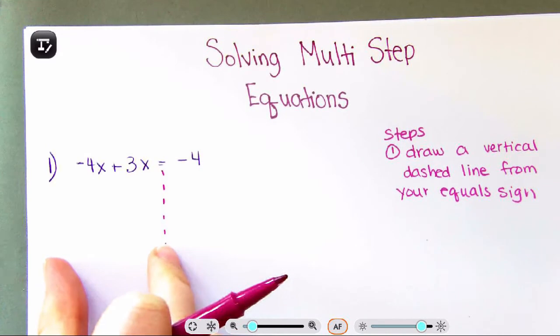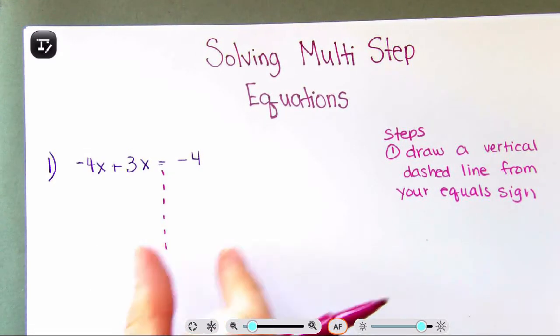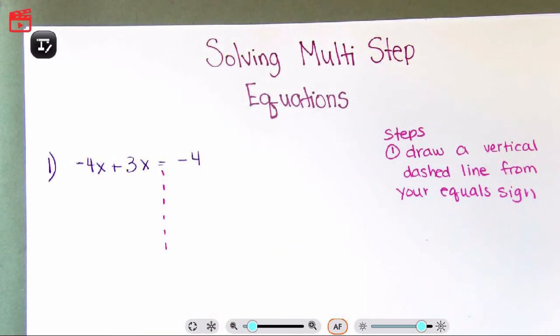So this is going to be your first section, this is going to be your second section. So all of these steps that we do can only be done in the section, or if you want to move things from one section to another, you'd have to use the inverse. And I'll show you how that's done. So step number 1, draw a vertical dashed line from your equal sign.